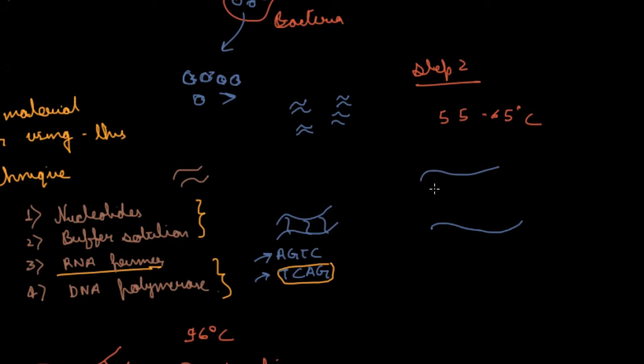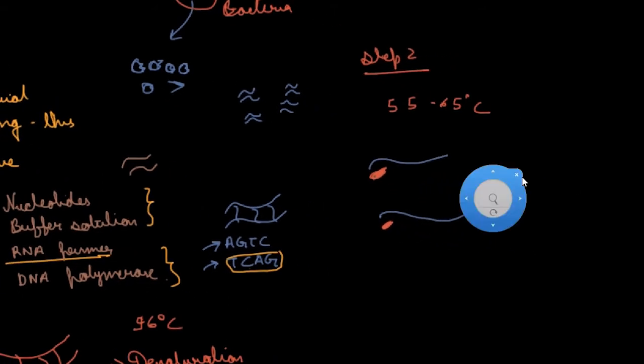What we want to do is attach the primers on this split or single-stranded DNA. So let's say our primer is getting attached here. Our primer can attach at low temperatures to the single-stranded DNAs. So now our RNA primer has been attached.